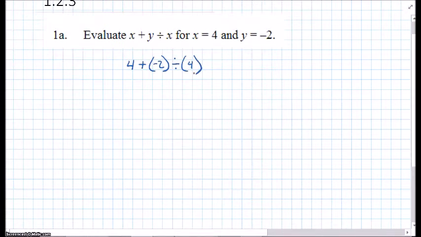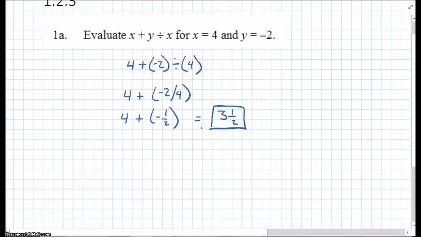Based on our order of operations, or PEMDAS, it's going to be 4 plus, now we'll group these two together, -2 divided by 4. So that'd be 4 plus, what is -2 divided by 4? It'd be plus -1/2. 4 plus -1/2 would be nothing more than 3 1/2. And that's our answer.